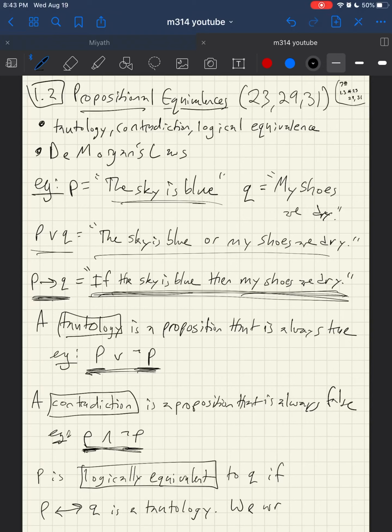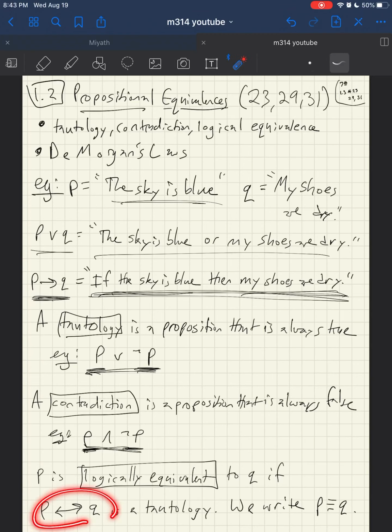And we write P triple equals Q. Here, P might itself be a compound proposition, and Q might itself be a compound proposition. What does it mean that this is a tautology? It means that regardless of what truth value P takes, Q will take the same truth value, and vice versa. So that means that this logical connective, the bidirectional implication, will always be true. If it's always true, then it's a tautology.